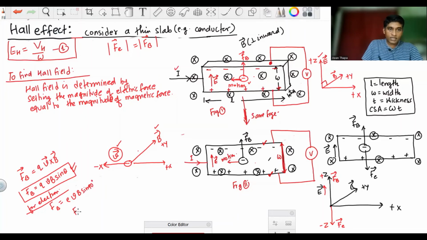So this gives me magnetic force equals E V B. So this is the magnetic force in magnitude.